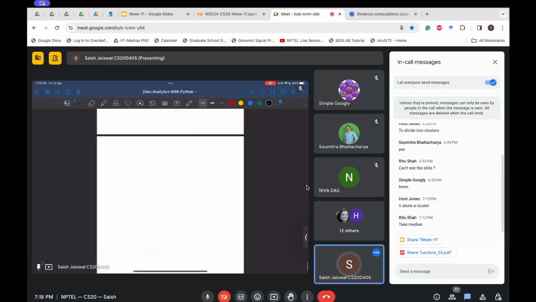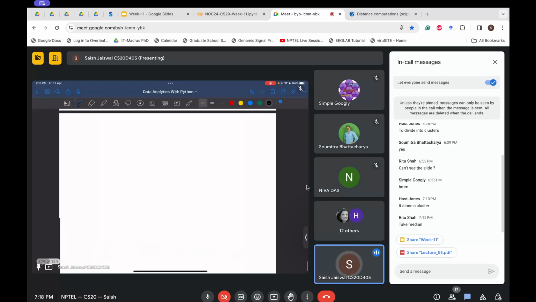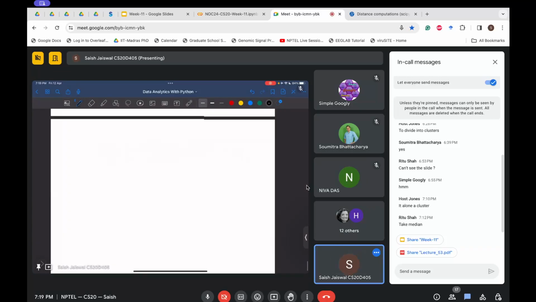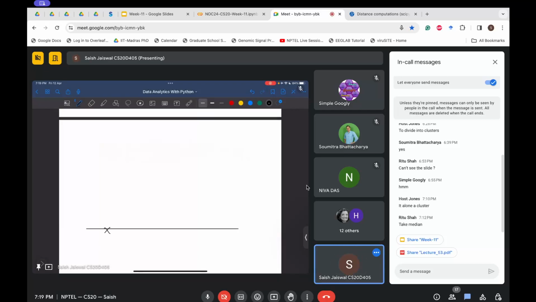But in all these algorithms, one thing is the way the clustering is done. Every data point, let's say you have these data points, let me show it to you in 1D space, that will make it clearer. So when I form clusters, let's say I have these 2 clusters, every data point in this blue cluster will fully belong to the blue cluster, and every data point in this cluster will completely belong to that particular cluster.